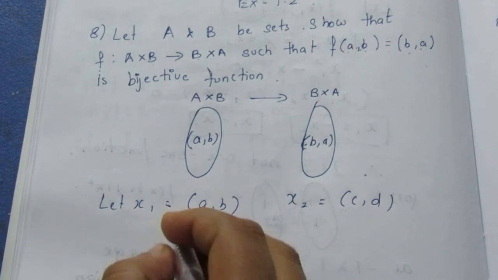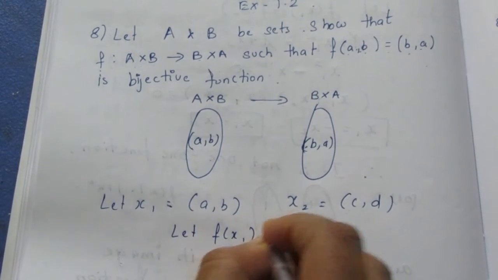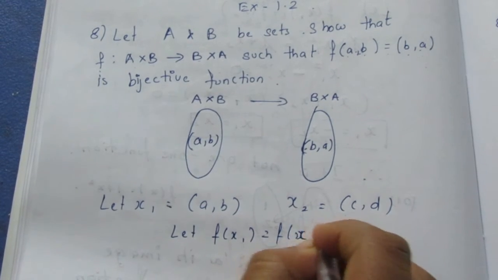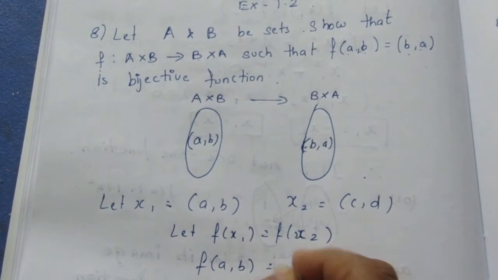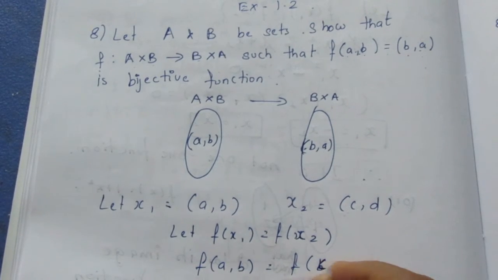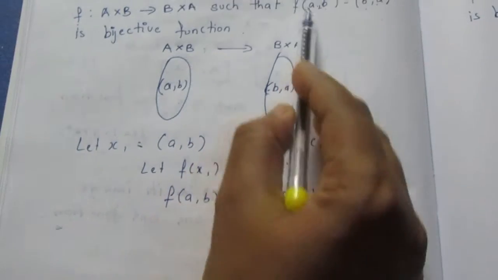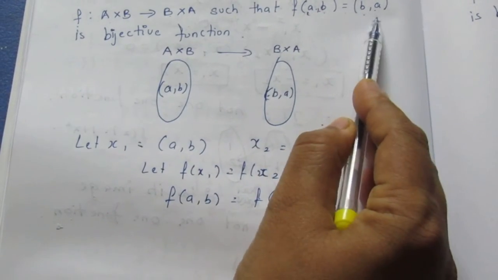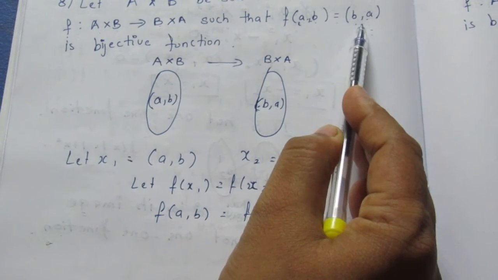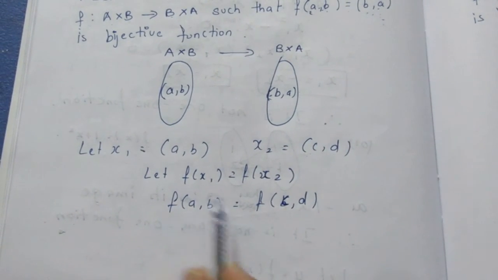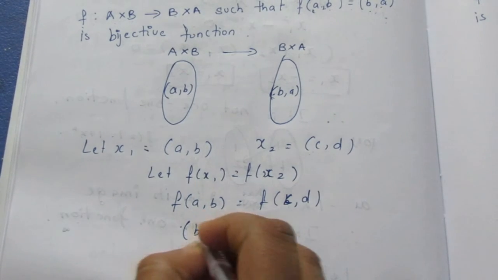According to this, to prove one-to-one, let f of x1 is equal to f of x2. Here x1 is nothing but f of (a, b) equal to f of (c, d), where x2 is (c, d). We know that f of (a, b) can be written as (b, a), so according to the given, f of (a, b) will become (b, a).